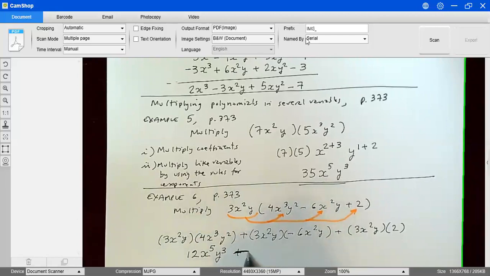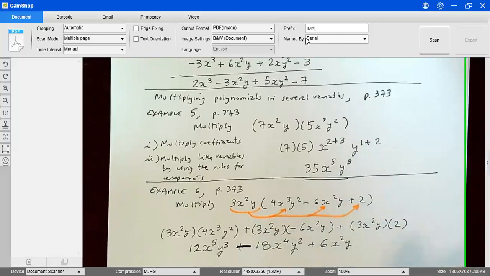That should be negative. 3 times 6 is going to be 18. And x is going to be raised to the 4th power because 2 plus 2 is 4, sorry. Y is going to be raised to the 2nd power because 1 plus 1 is 2. Finally, positive 3 times positive 2 is going to be 6. And then we have just x squared and y as the variables that are in one of the factors.